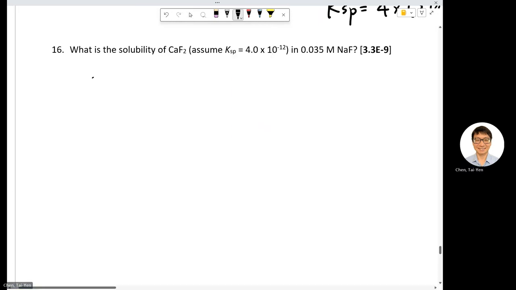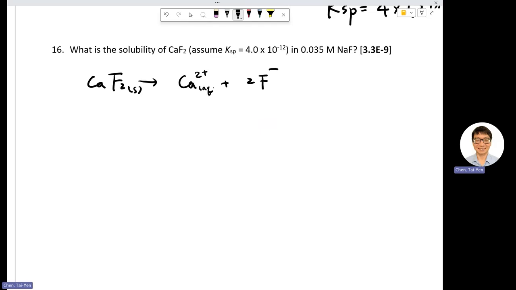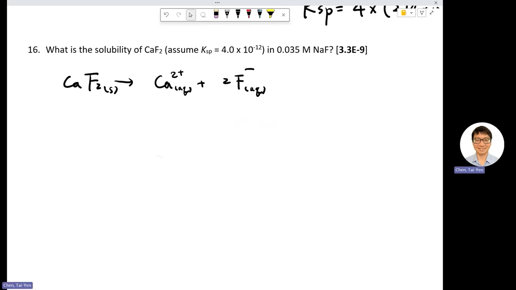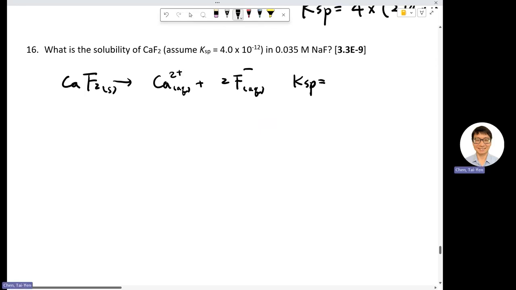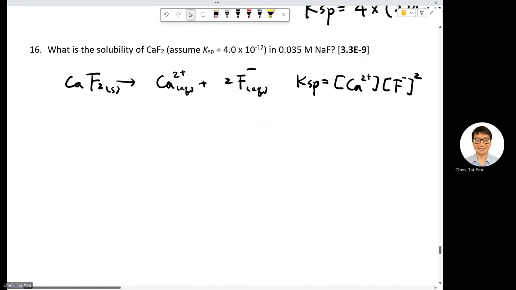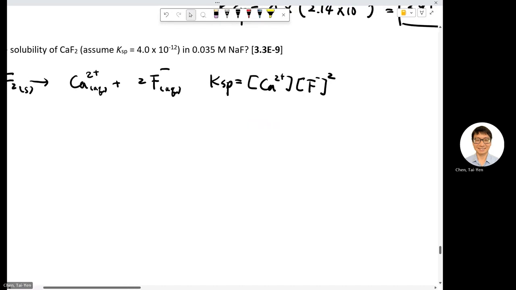So again, CaF2 is going to become Ca2+ plus 2 F- aqueous. The KSP will equal Ca2+ times F- to the second power. And then these things will equal 4 times 10 to the negative 12.